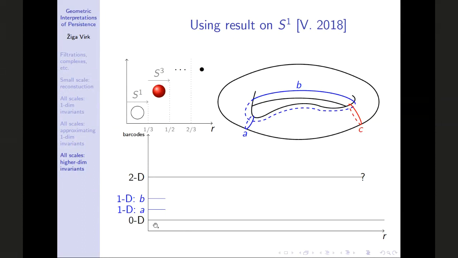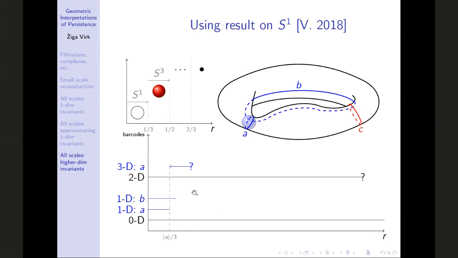So for small r, we know that we're working with Rips complexes, by the way, although the same trick could be pulled off for intrinsic Čech complexes. We know that for small r, we reconstruct the homology of the space. So one component, two one-dimensional elements, and one two-dimensional thing. And then at 1/3 of the length of A, we already know that this bar will cease to exist.